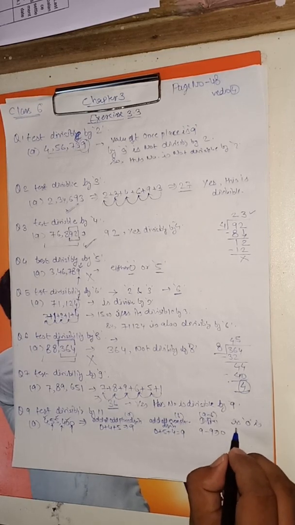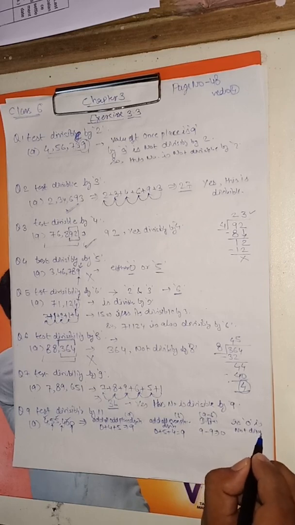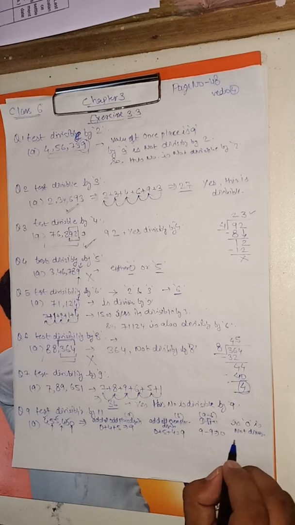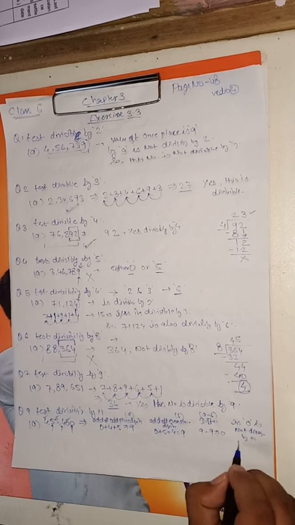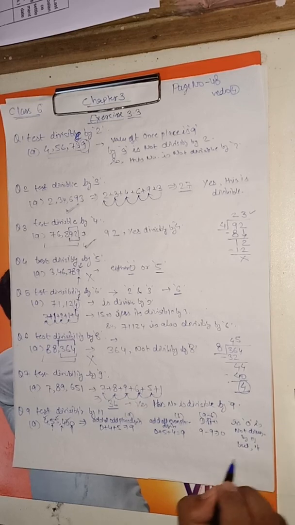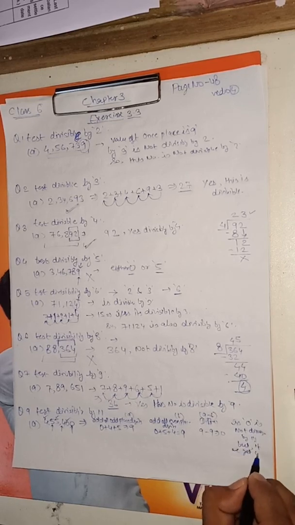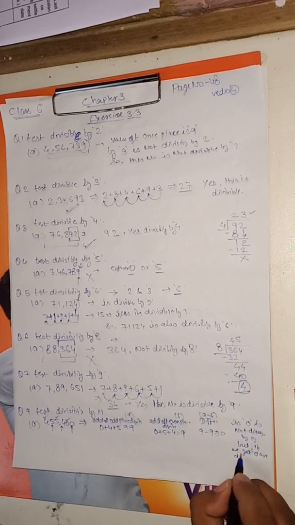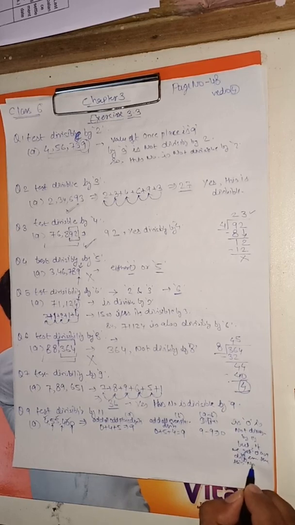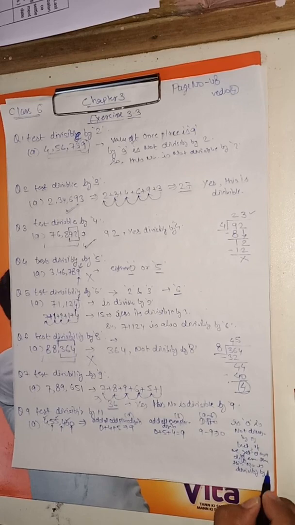0 is divisible by 11, but we can say that if we get 0 as the difference, then this number is divisible by 11.